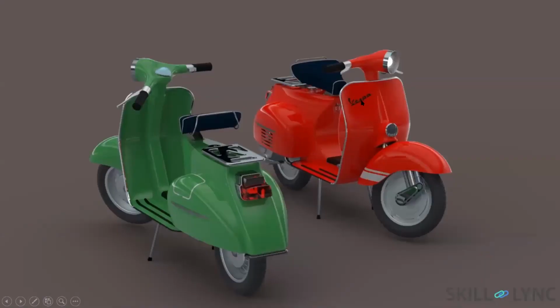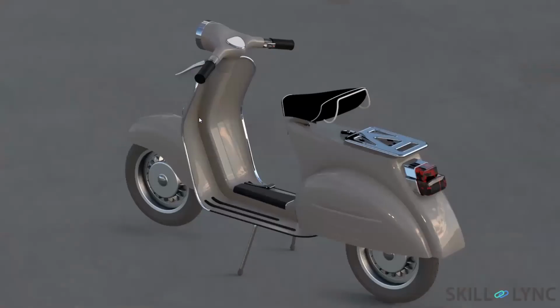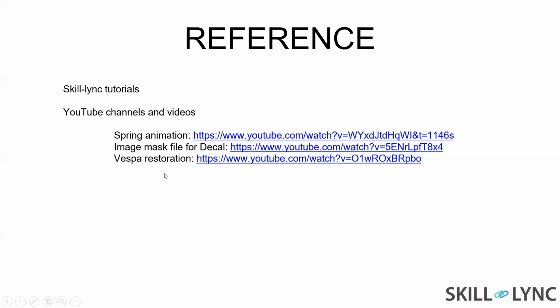For this decal, I have used some Vespa image that I downloaded from Google, and it had some white portion, that means the background was white. So in order to remove that, I made a mask file, and also went through some restoration videos in order to get a clear understanding of the shape and a 360 view.